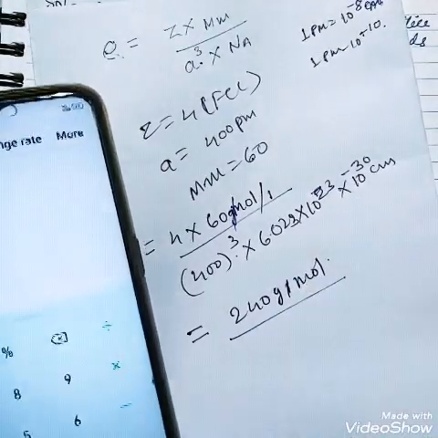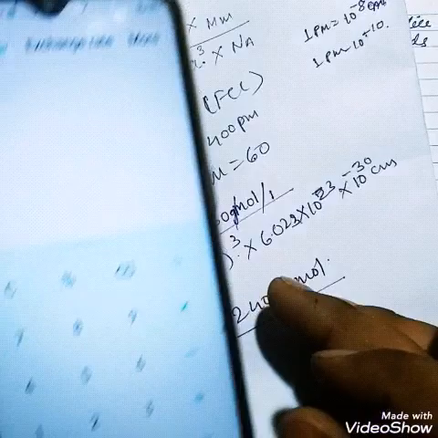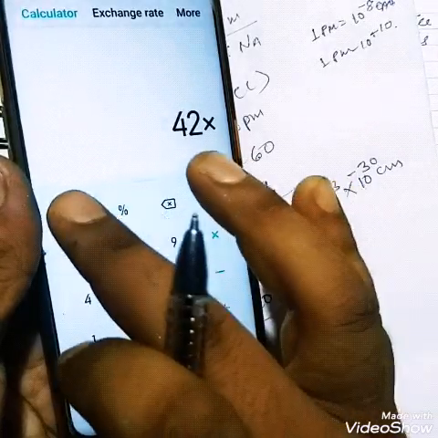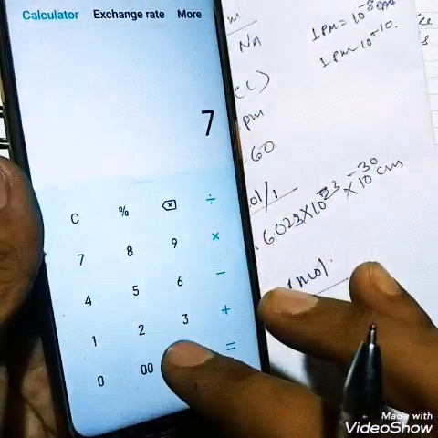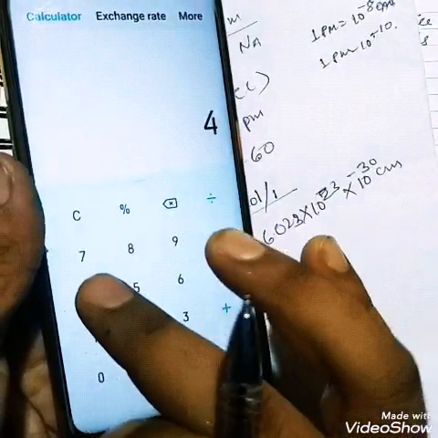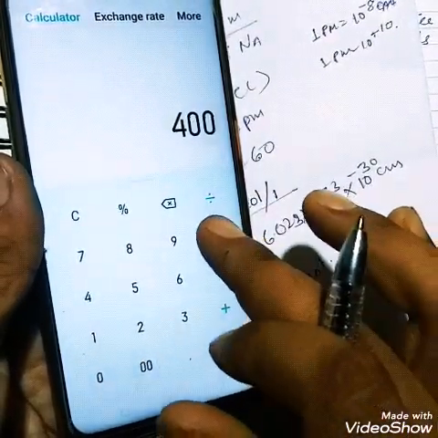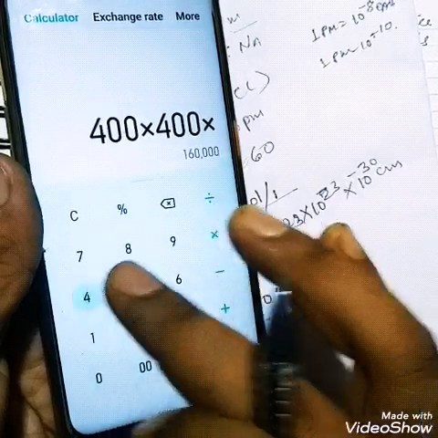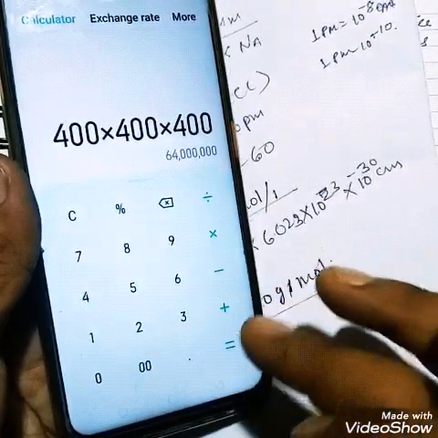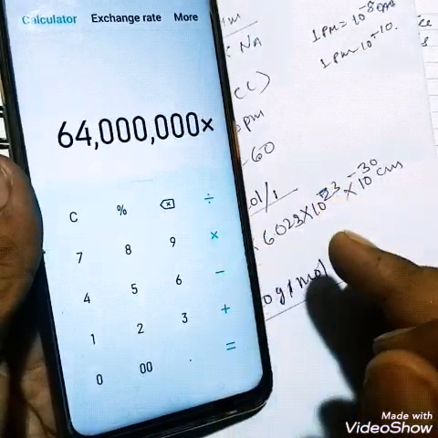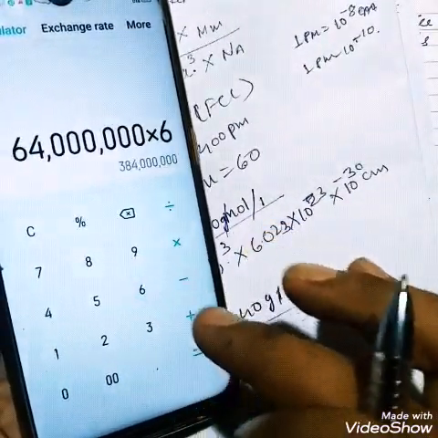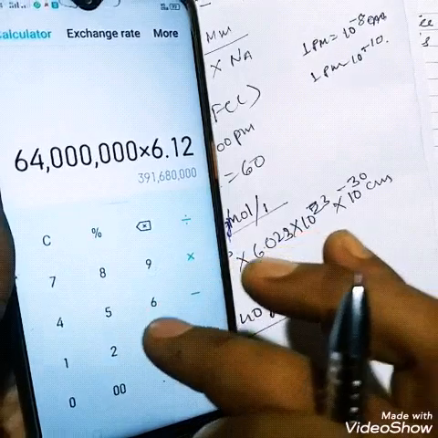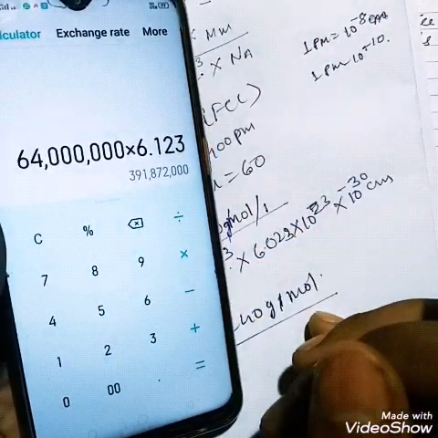Now 400 into 400 into 400, multiplied by 6.023.